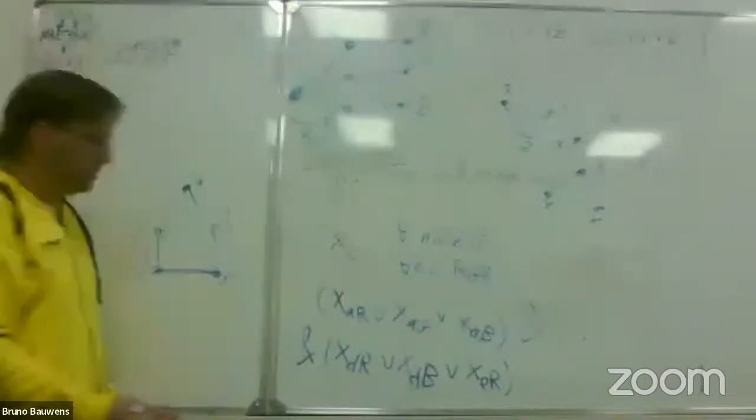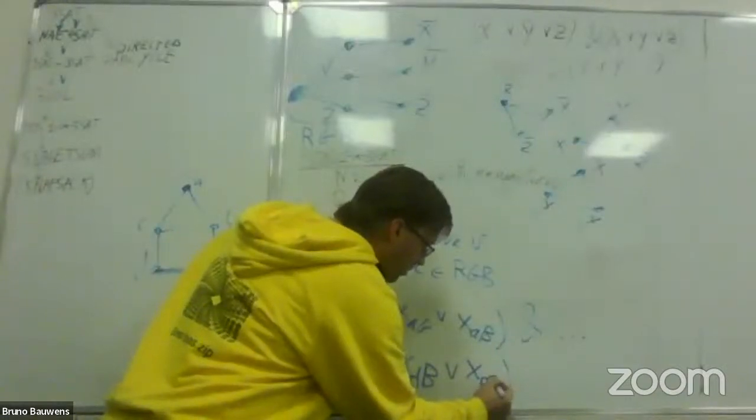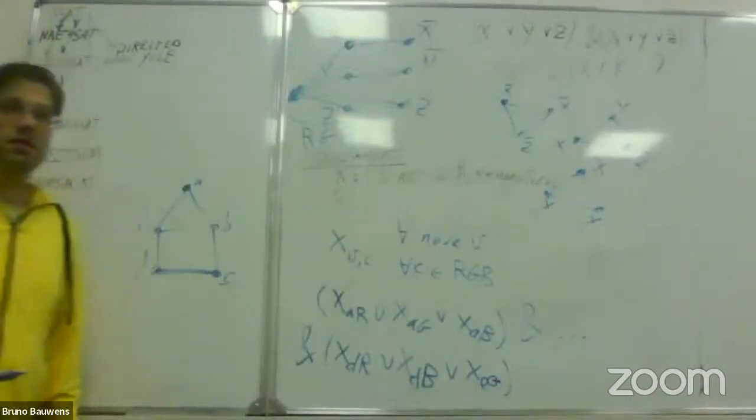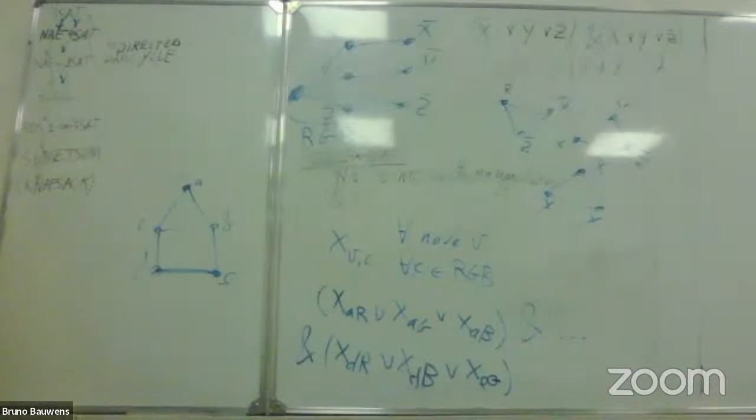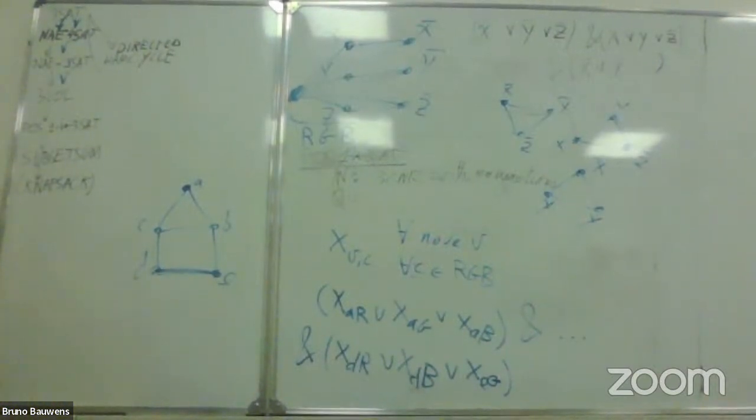No, if we have one of them, it should be just green. It doesn't work. And we add such a clause for each permutation.